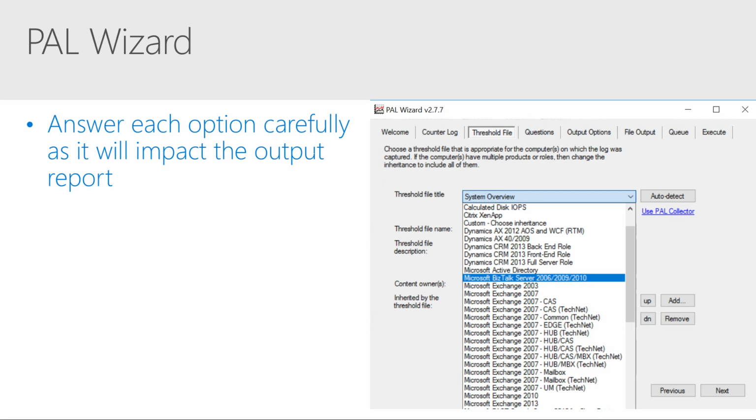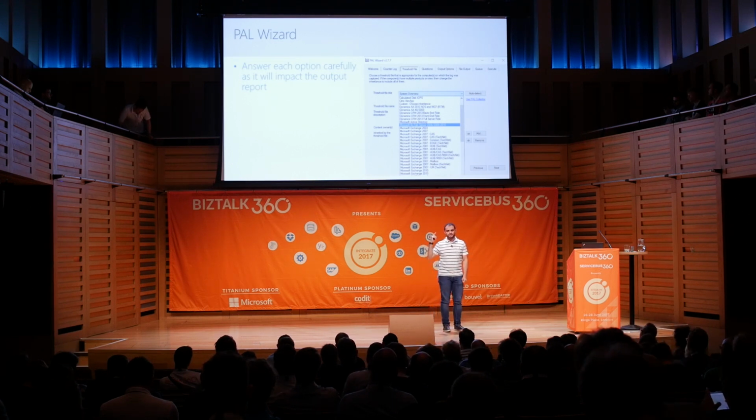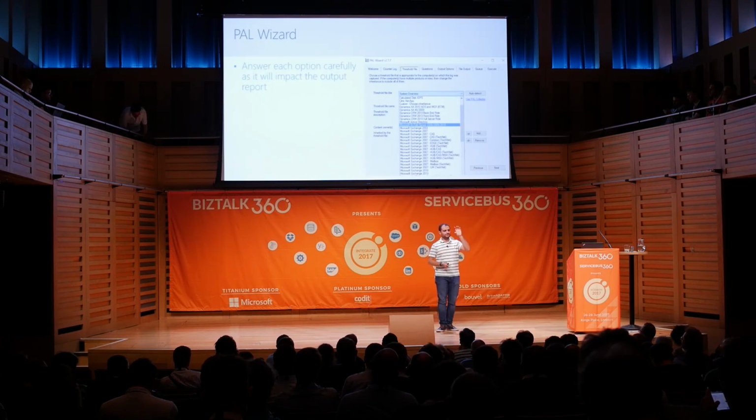One of the tips from my side is to answer each one of these tabs carefully. I'm making this mistake to this day. One of the questions you will be asked is how much memory you have in each box. Sometimes, especially in a very large environment, you might have 5 servers, but the first 3 servers have 16 and the other ones have just 8. So when you're entering them, you just continue 16, 16, 16.